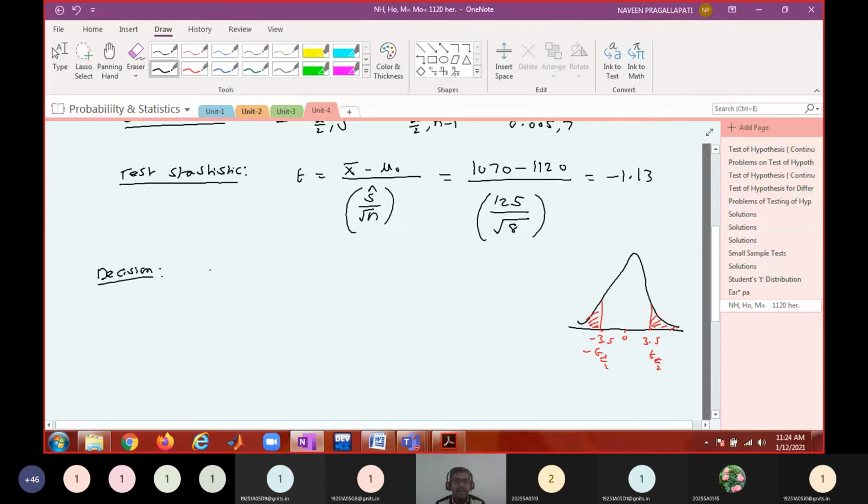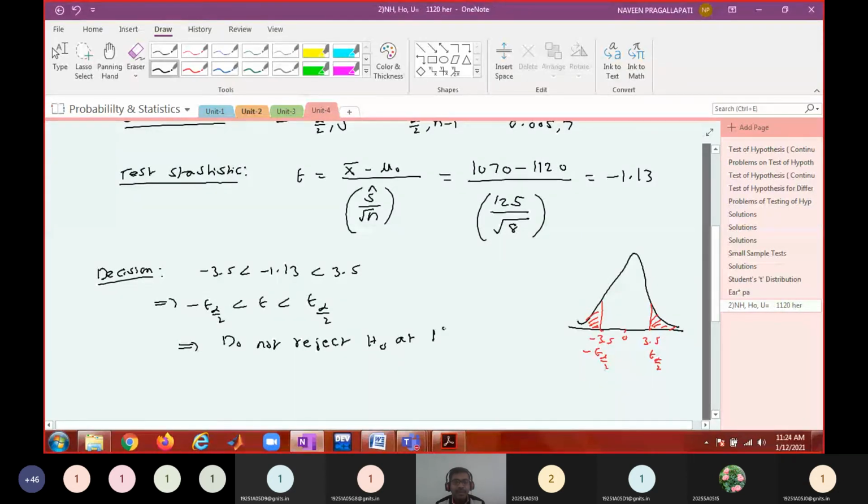Minus 3.5 is less than minus 1.13, which implies that minus t alpha by 2 is less than t, which is less than t alpha by 2. This implies do not reject H naught at the 1% level of significance.